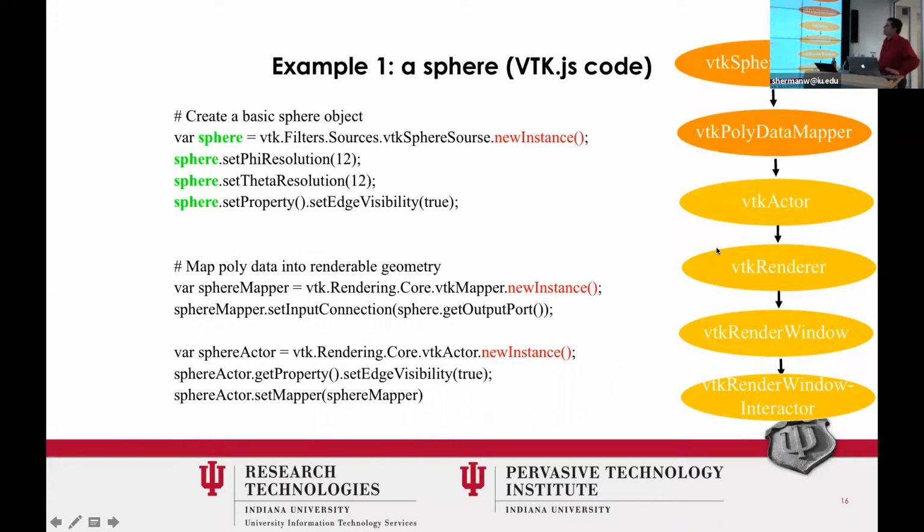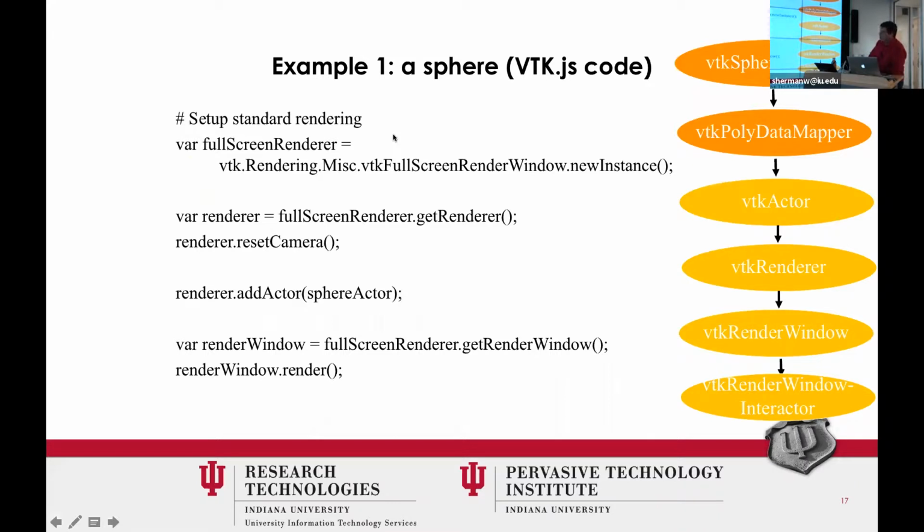Here's the VTK.js version of that same example, and I'll run this in a minute. Here it's more of the variables on the left hand, where most languages put it, and we have the class here.